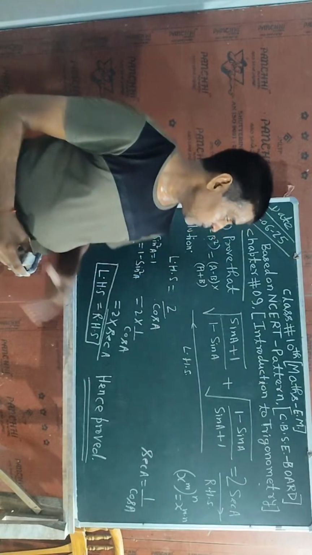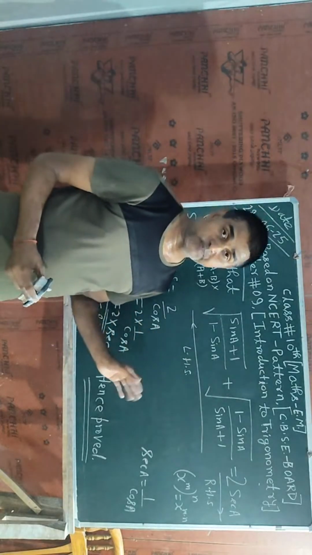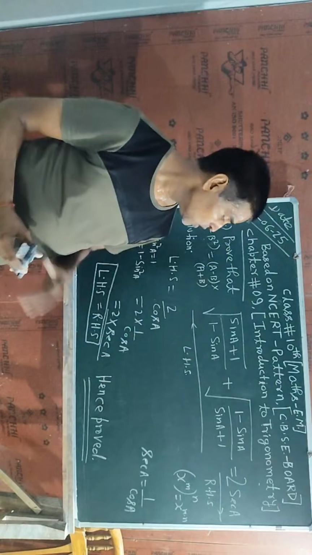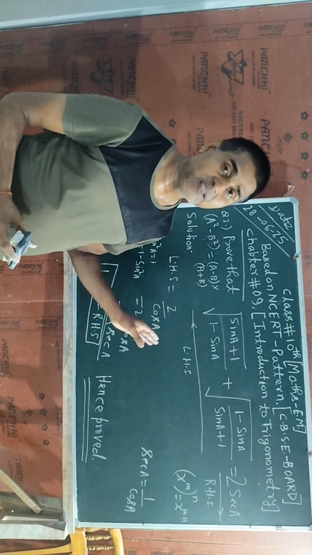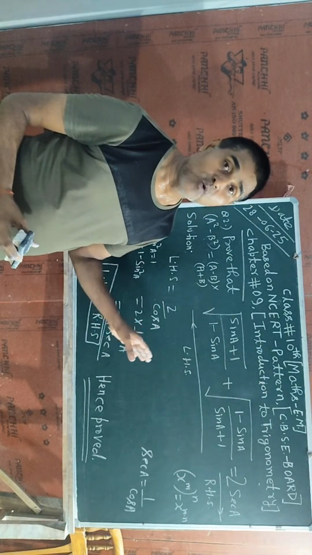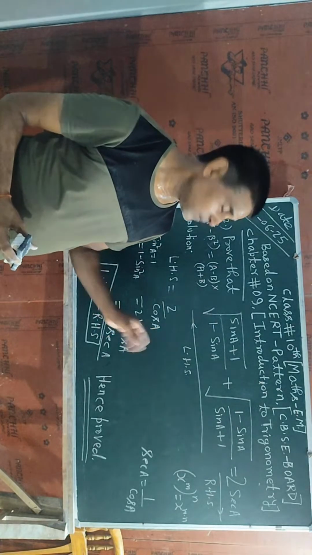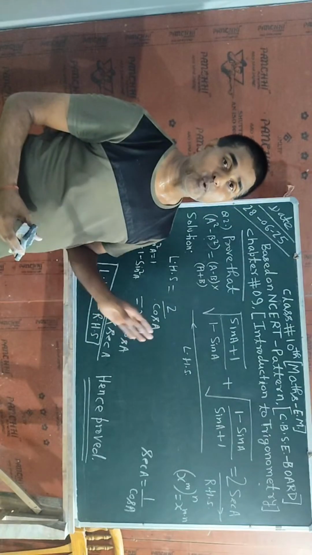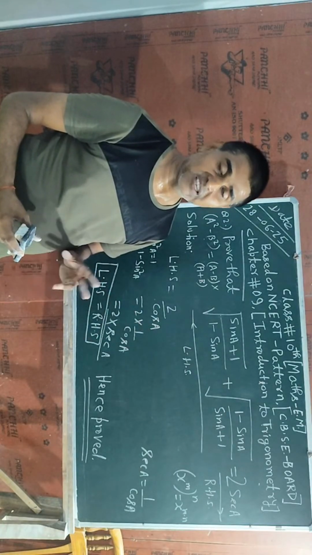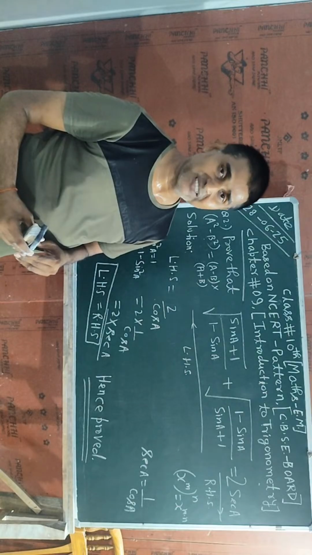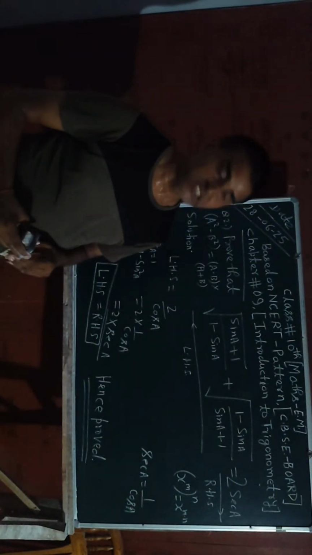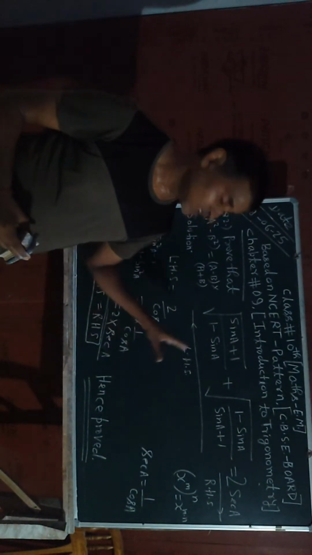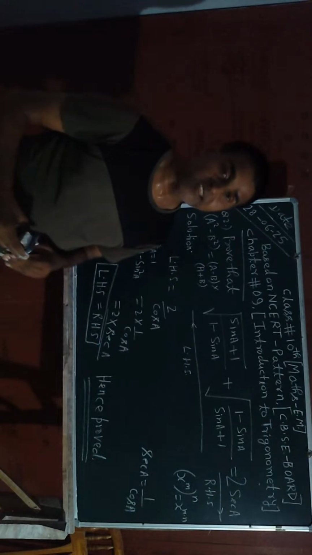And if you need to write a reciprocal trigonometrical ratio, then in the place of sin theta you can put 1 by cosec theta, in the place of tan theta you put 1 by cot theta, and in the place of cos theta you put 1 by sec theta, because 3 trigonometrical ratios are basic ratios and the other 3 are reciprocals. So there are a total of 6 trigonometrical ratios, and you have to use all of them properly for getting the result.